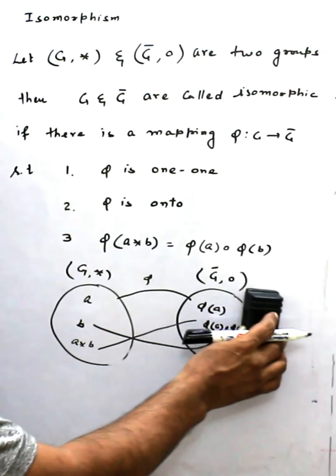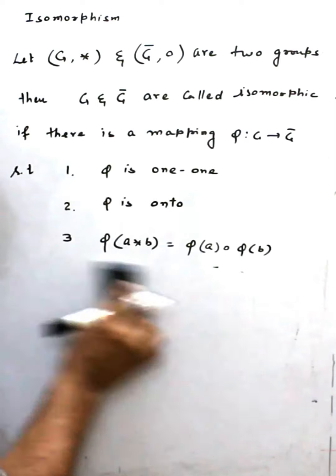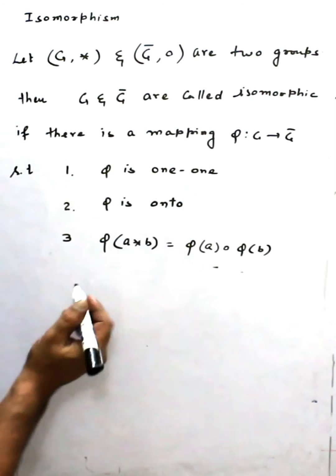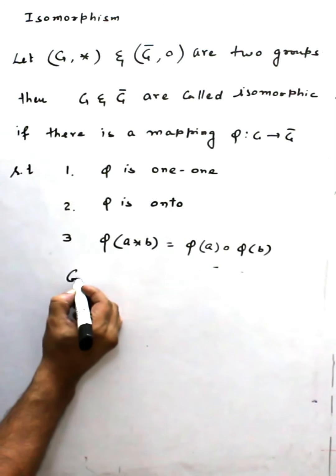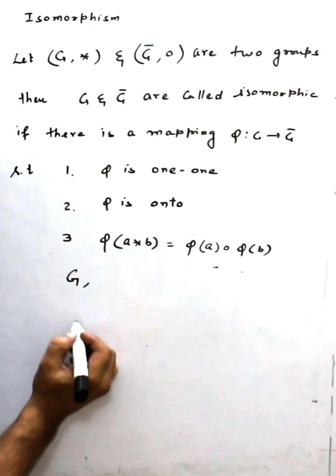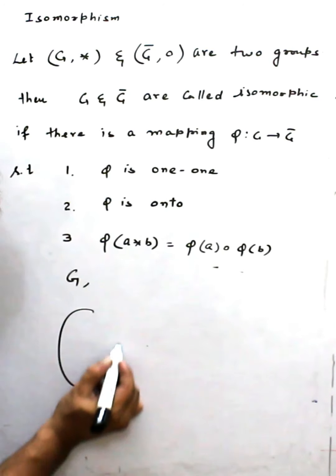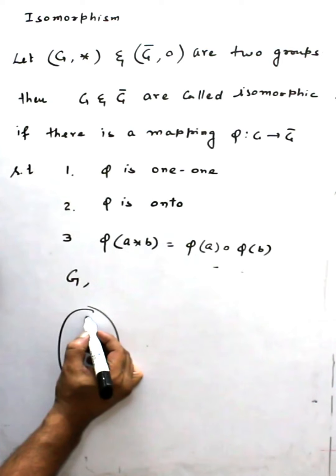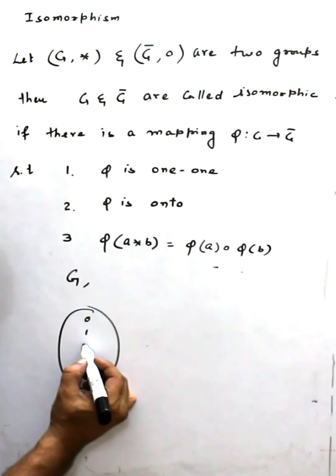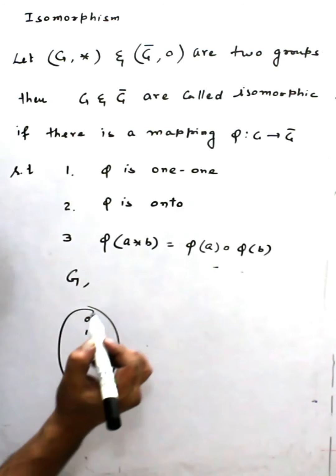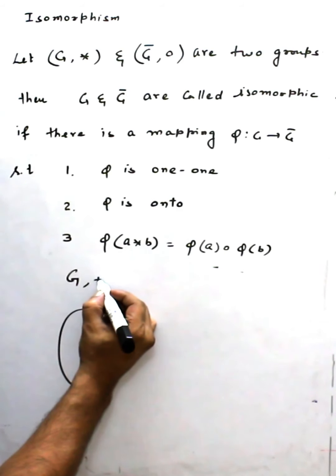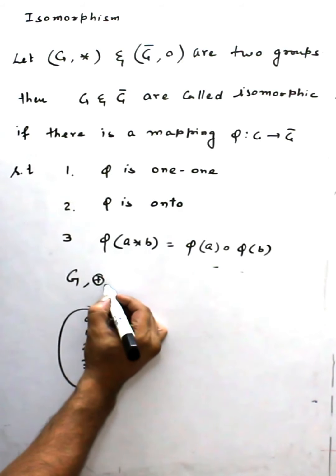If I take G, suppose I take 0, 1, 2 and 3, and the operation I am taking is modulo 4.